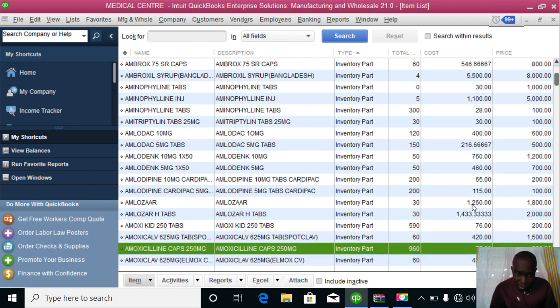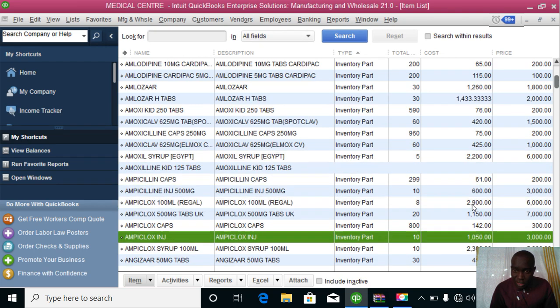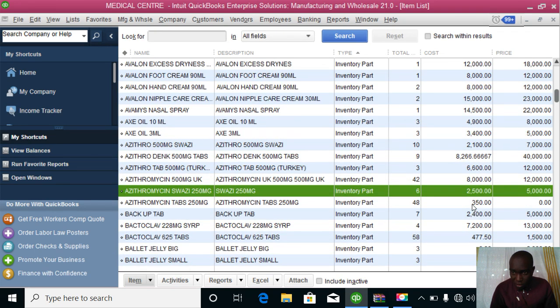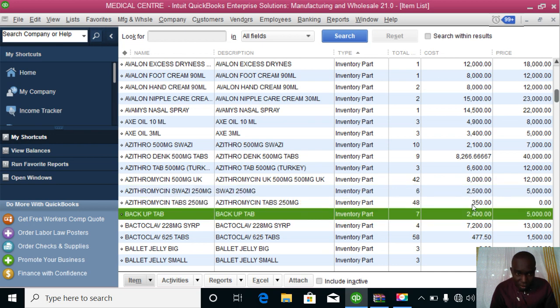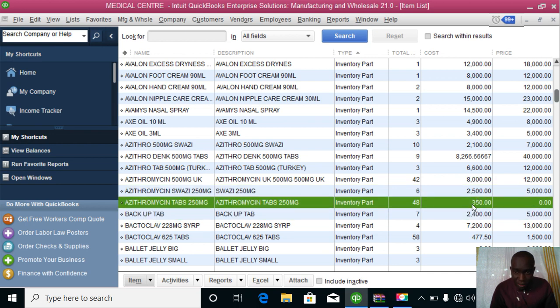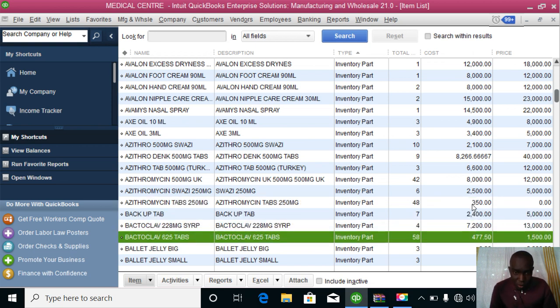Amoxicillin capsules. So these are the items we have: azithromycin tablets, we have 48 of them. Continue. Bactoclav 625, we have 58 tablets, and we are selling each at 1,500 shillings.